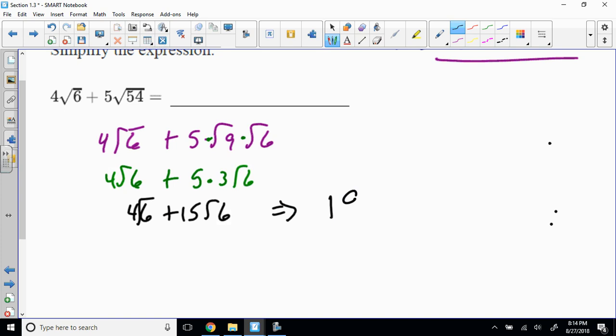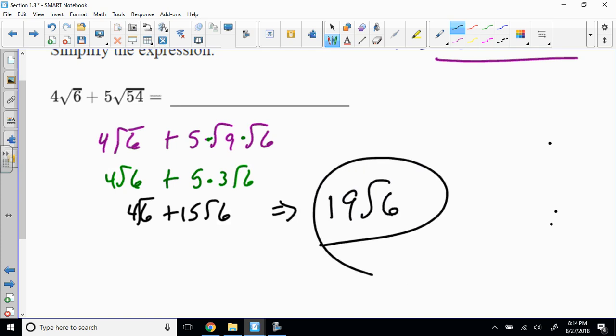I got 19 square root of 6. 4 and 15 is 19, and then of course square root of 6. It's kind of like treating it like like terms. Once you simplify, you're good. What's the square root of 9 simplified down to? 3. And this is all tied together, right?